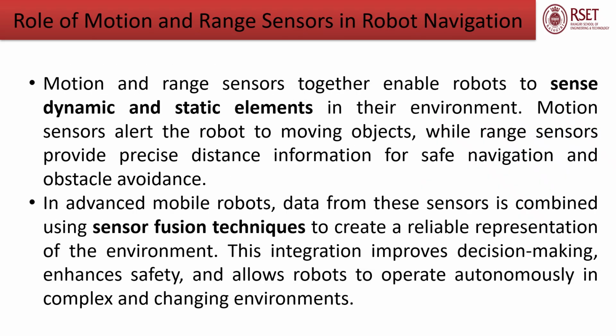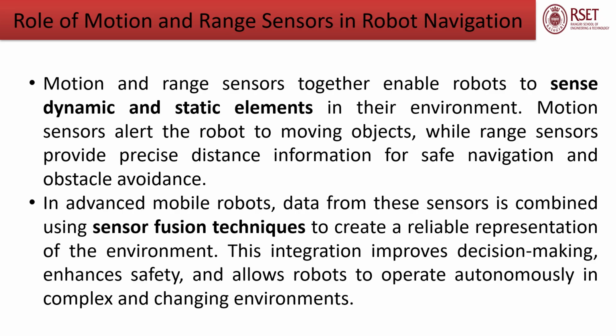We'll see the role of motion and range sensors in robot navigation. Motion and range sensors together enable robots to sense dynamic and static elements in their environment. Motion sensors alert the robot to moving objects, while range sensors provide precise distance information for safe navigation and obstacle avoidance.